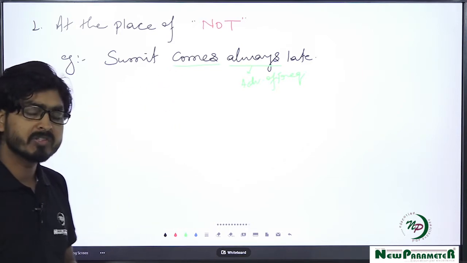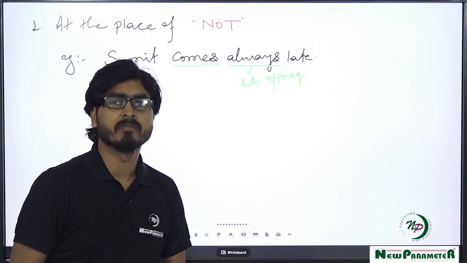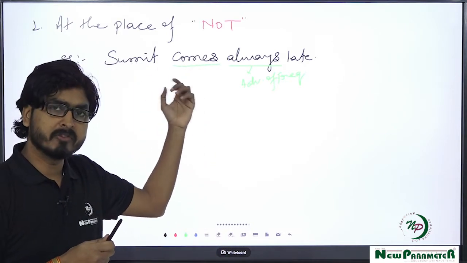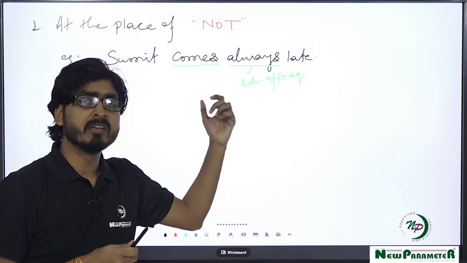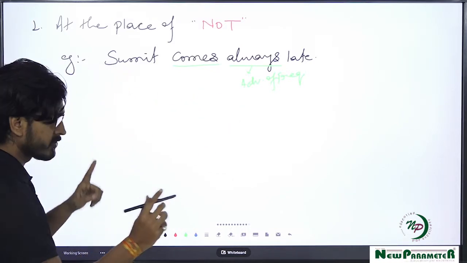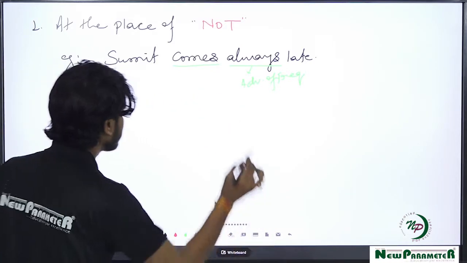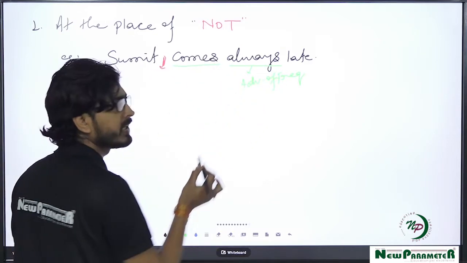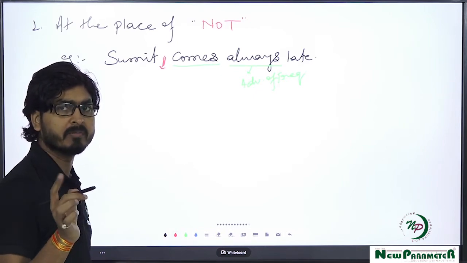So we must try to make this sentence negative in our own mind. Sumit comes late. If we form this sentence in negative, listen to me very carefully, Sumit does not come late. Are you getting me?